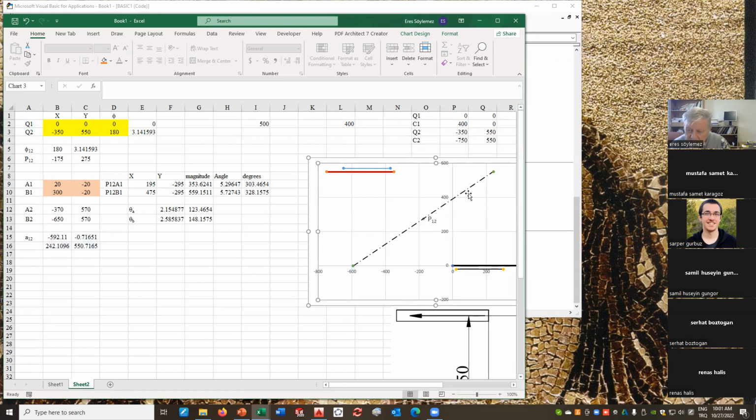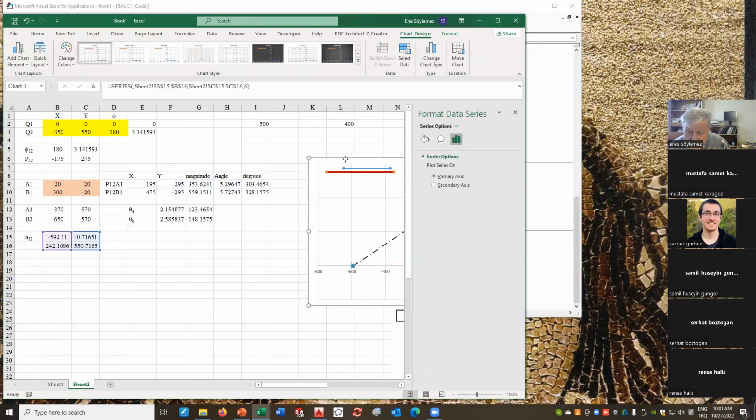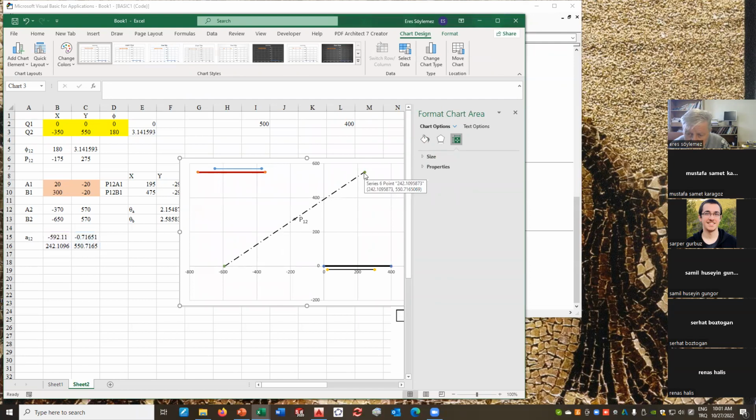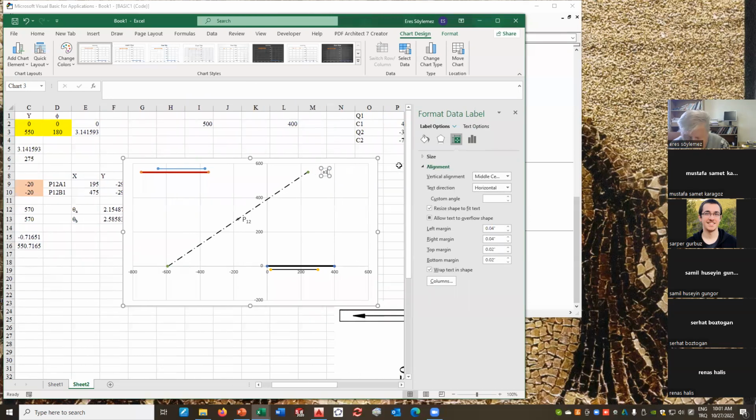That's the perpendicular bisector to A12. What I can do is, oh, sorry. A12.